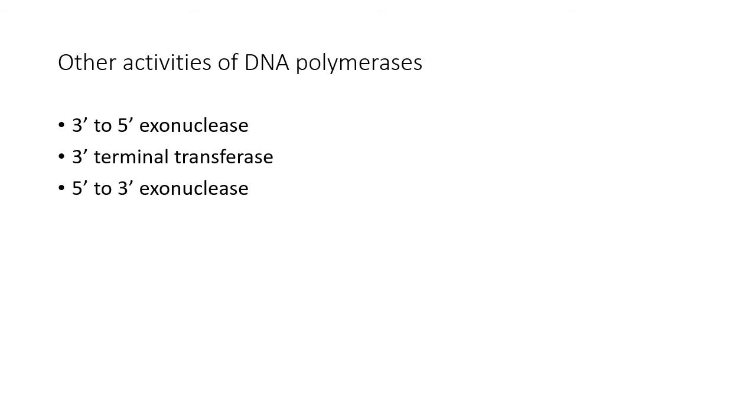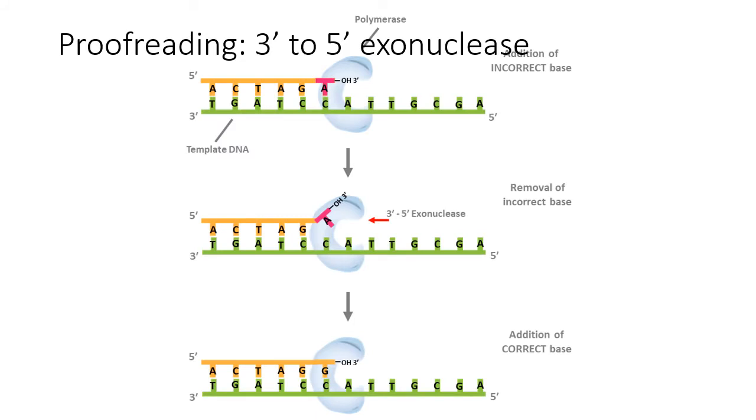Okay, so the other activities of DNA polymerases, which are characteristic of some but not all of these. In fact, the 3' terminal transferase is really quite unusual. Okay, so the first one's the 3' to 5' exonuclease activity, and that's represented here. And that's also called proofreading. Okay, so this occurs at the replication fork when polymerase is extending the primer, really, to add new nucleotides to make a longer molecule.